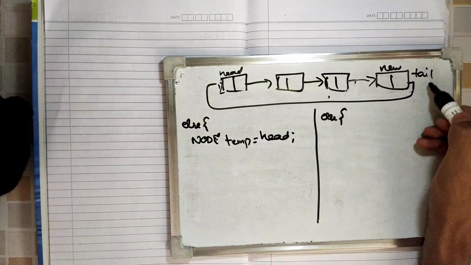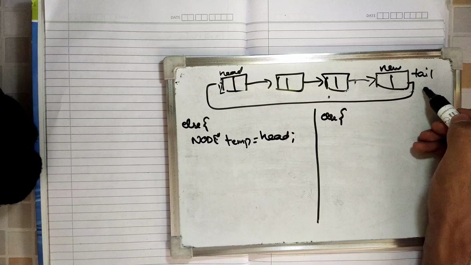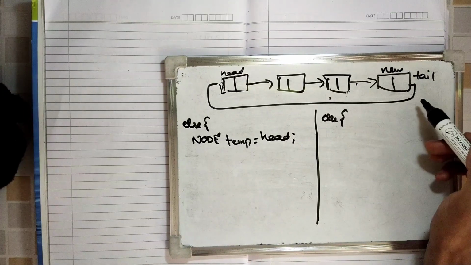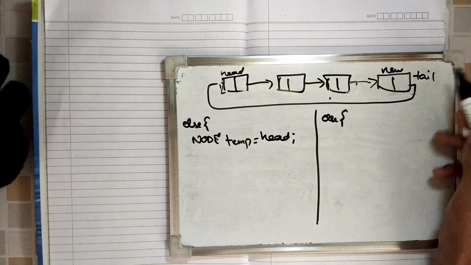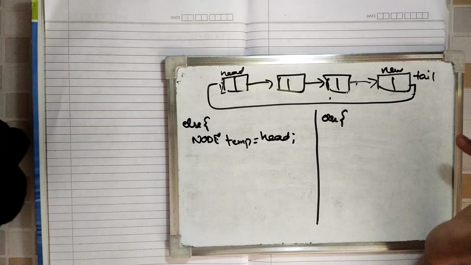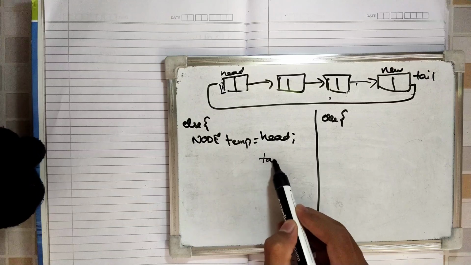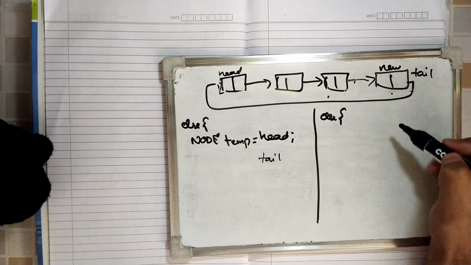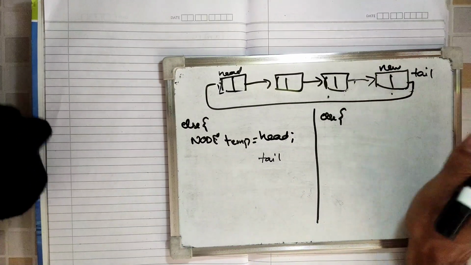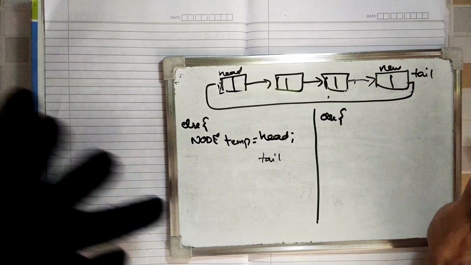Suppose temp equals to tail. So if my temp is here, can I delete this directly? In singly linked list it's not possible if you think like that. So for some people doubt will come. Suppose my temp equals to tail, and I do free temp, can I give any connection directly? That's not possible. If it was a doubly linked list, it is the easiest part.